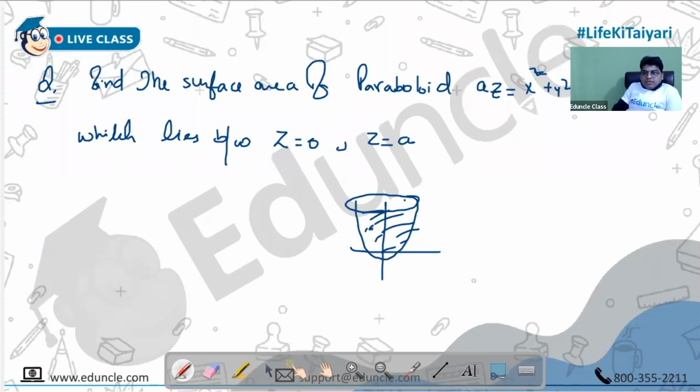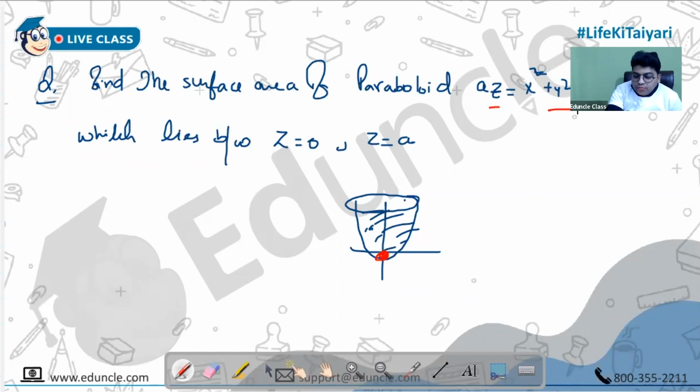When z is equal to 0, then x square plus y square is equal to 0. So between this sheet and this sheet there is an area, because the z axis is open. That's why the examiner has closed the z axis.